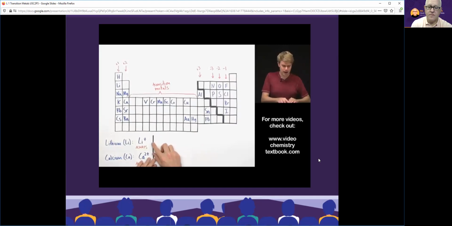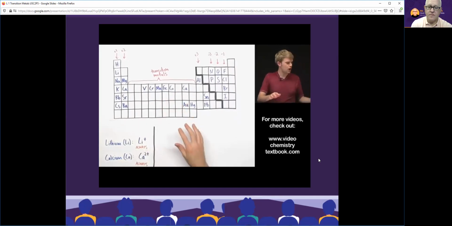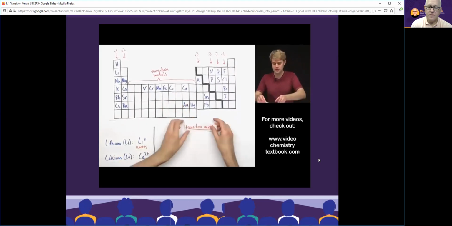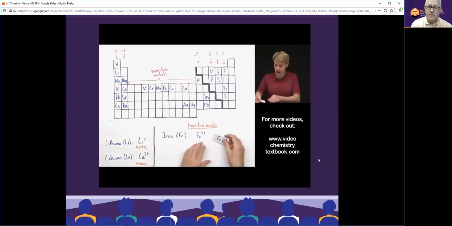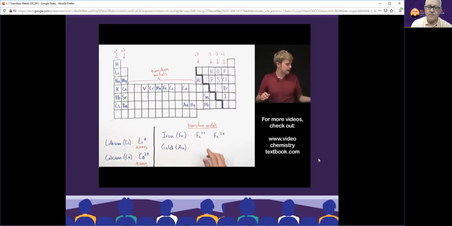On the other hand, transition metals are a little bit more loosey-goosey. Iron, Fe, for example, can make an ion that's 2+, but it can also make an ion that has a 3+ charge. So it's able to make both these types of ions. Gold, which is another transition metal right here, can make Au1+ with a 1+ charge, or it can make a type of ion that's Au3+.